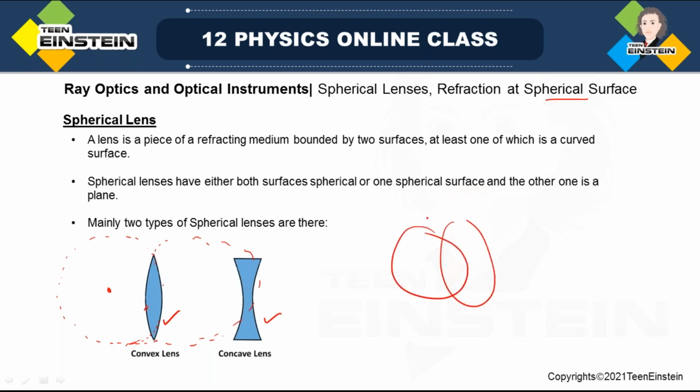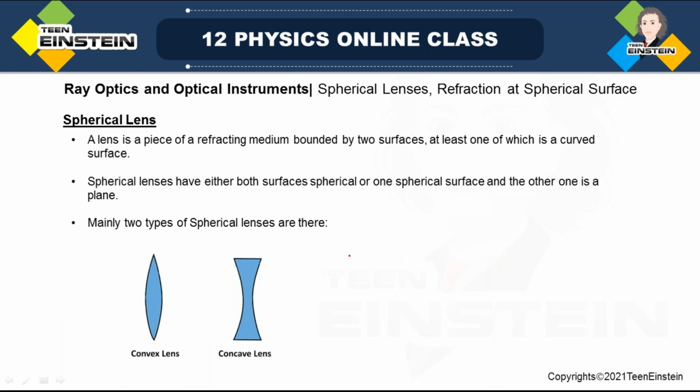So if you draw those two spheres like this, then you get this portion of intersection. This will act as a lens. Okay, the way you take the surfaces, you will get different types of spherical lenses. So mainly there are two types. One is convex, another one is concave.